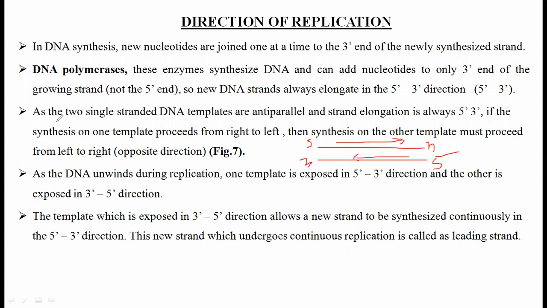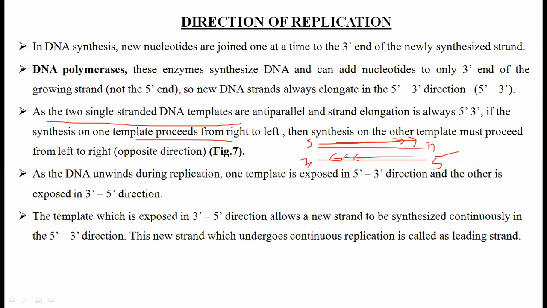So this is what sentence number 2 means to say. When the DNA unwinds, for example, in this strand, the DNA replication goes from left to right, and in the below one, the DNA replication will go from right to left. So it has to be simultaneous replication, but anti-parallel.